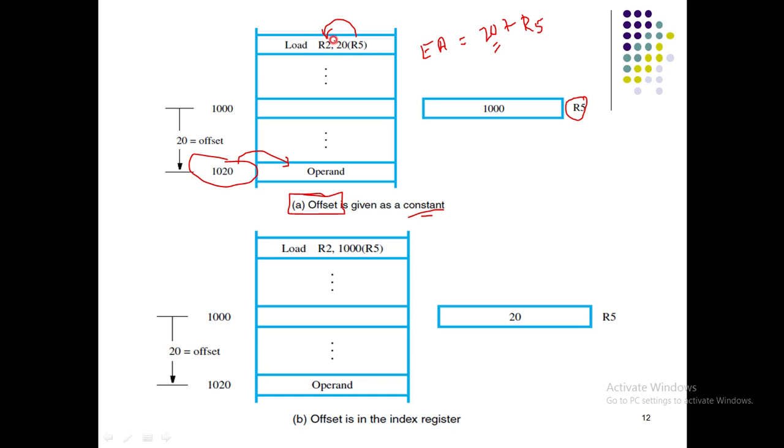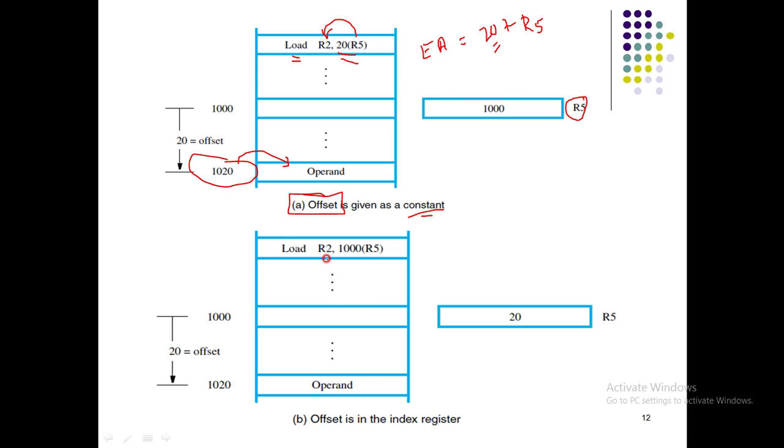When you add 20 to it, you will be getting the next operand, wherein we have our operands. Is that clear? We are using offset in our load instruction. Just remember that we are using offset, which is 20, which is constant in our instruction. The instruction here was your load. Okay, we'll go to this example now.